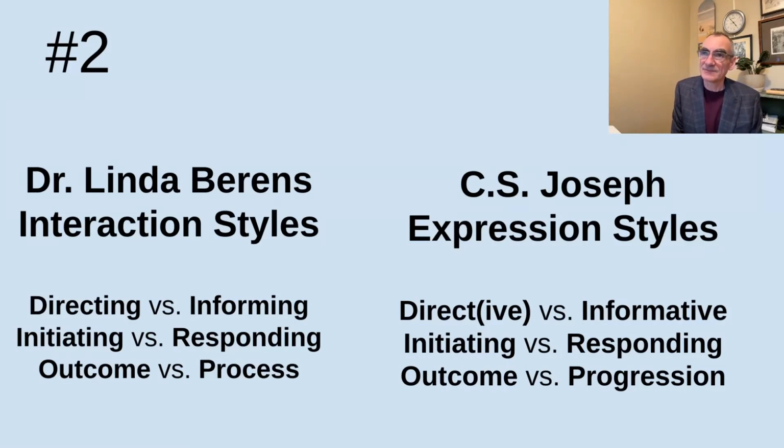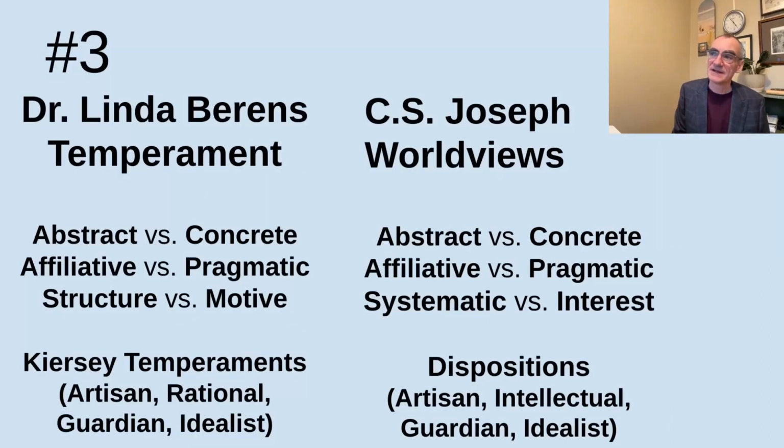has developed through her academic research the concept of interaction styles. So you've got directing, initiating, outcome, and wouldn't you know it, in the type grid, we see C.S. Joseph has brought in expression styles, directive, initiating, and outcome. Dr. Linda Berens came up with the idea of temperament dichotomies of abstract versus concrete, affiliative, structure.